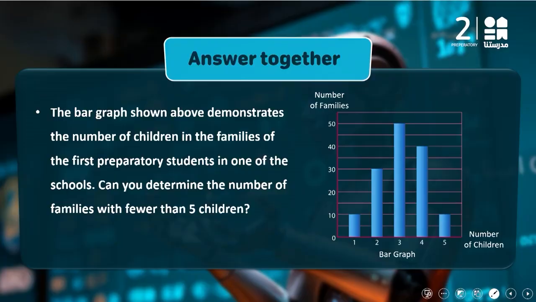The number of families with 1 child equals 10, plus the number of families with 2 children equals 30, plus the number of families with 3 children equals 50, plus the number of families with 4 children equals 40. The total equals 130.